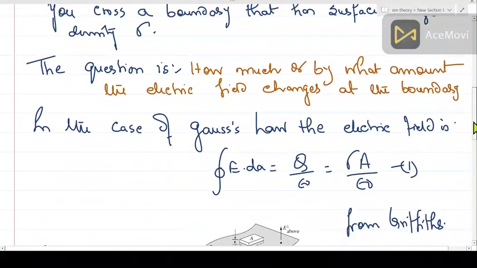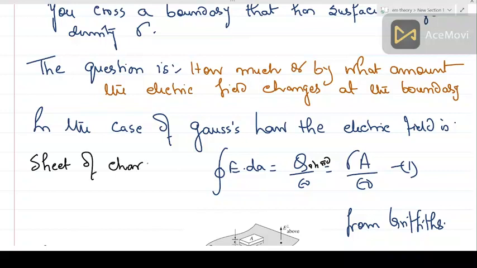Now when you are using the symmetry conditions, you are using the Gauss law. The flux is the integral of E dot dA, and it is due to the charges Q inside the surface. Here we are considering a sheet of charge with surface charge density sigma. Sheet means a very thin layer of charge.